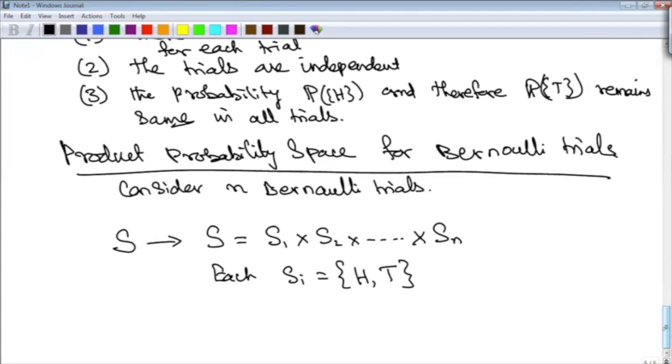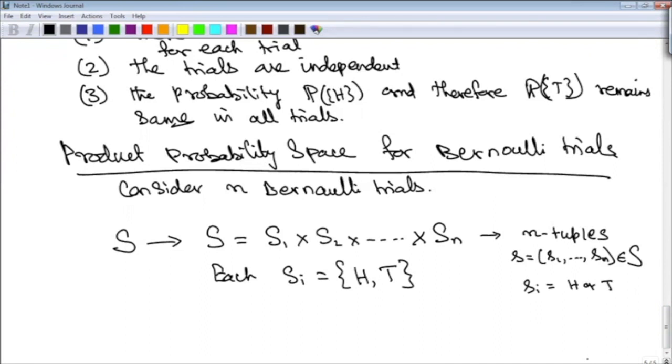So S consists of n tuples. Okay, so the elements of the sample set S look like this, where each Si is either head or tail, depending on whether you got a head or tail on the ith toss.